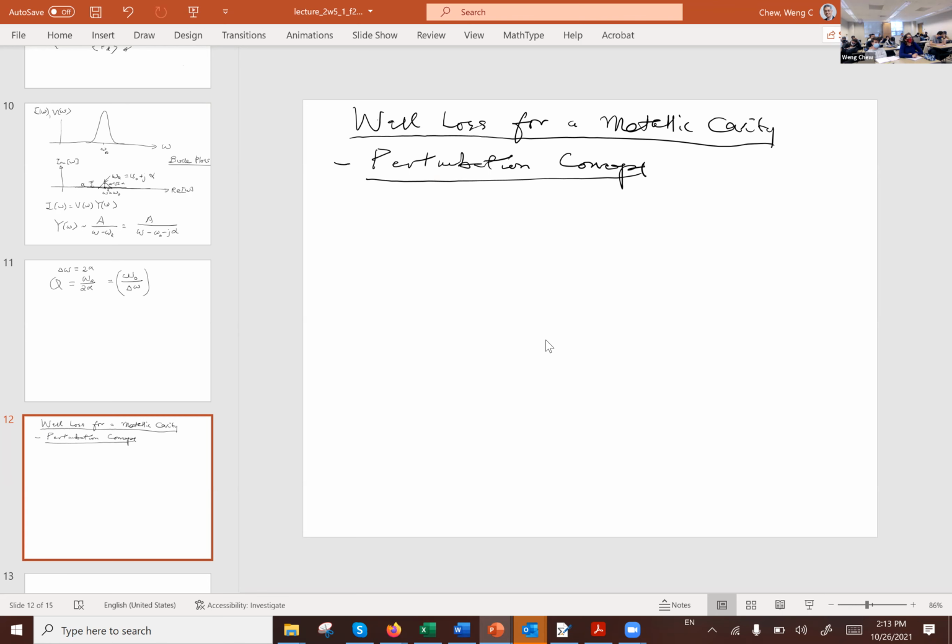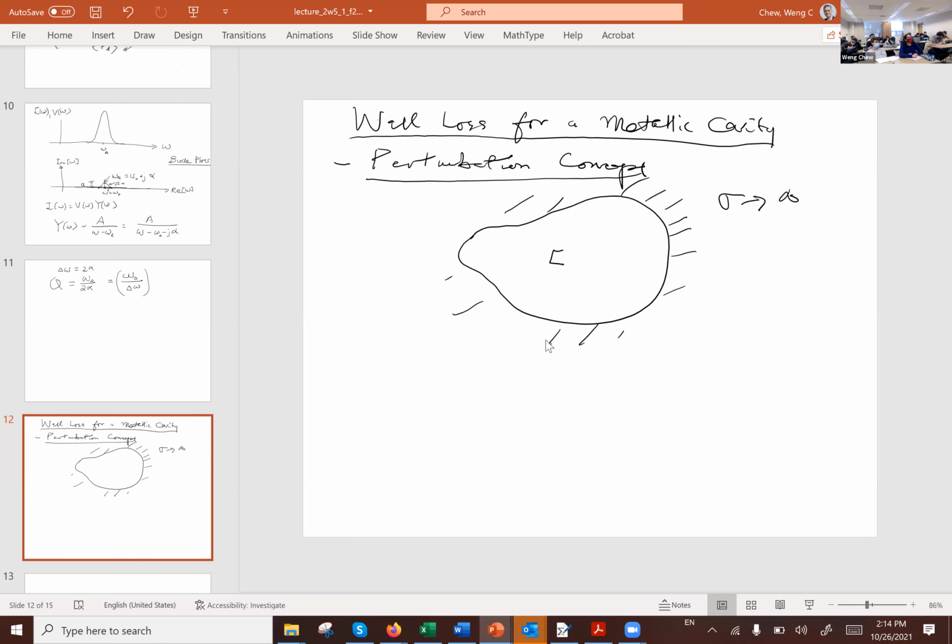So we can think of a cavity which is made of perfect conductor. And we know how to solve for the solution of this cavity, E and H, when sigma tends to infinity. Then the Q of this system is infinite because there's no loss. If you have something in there, it will ring forever.